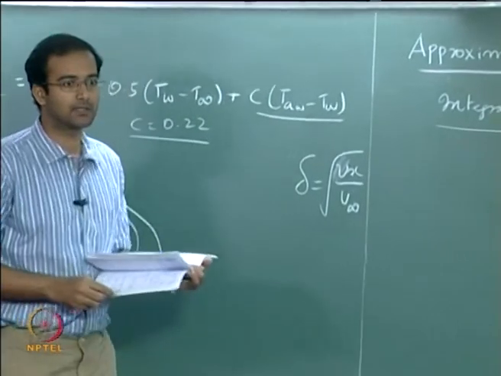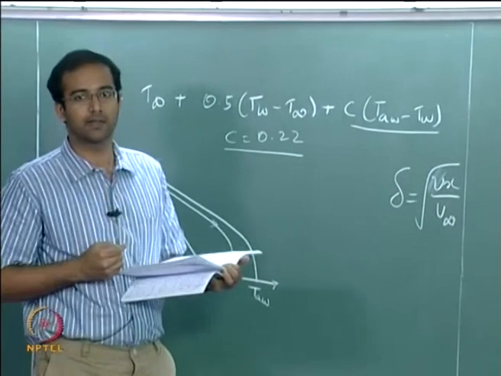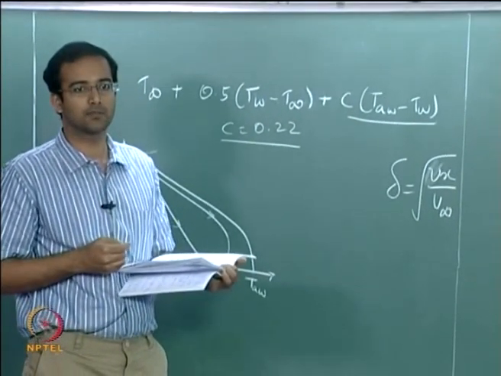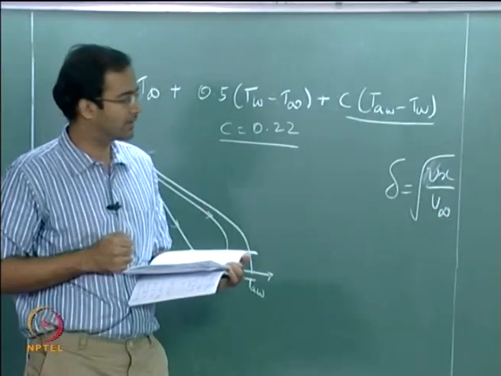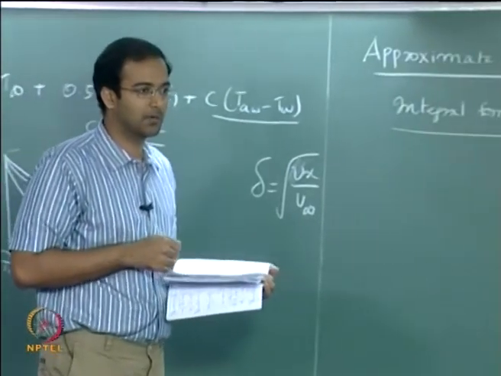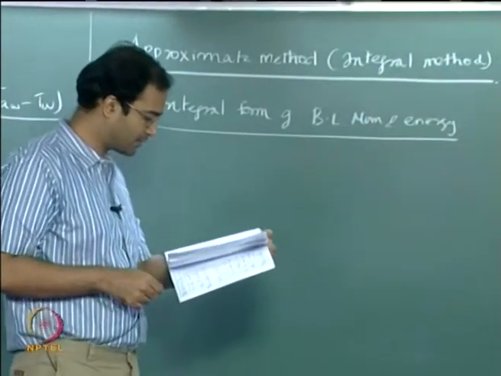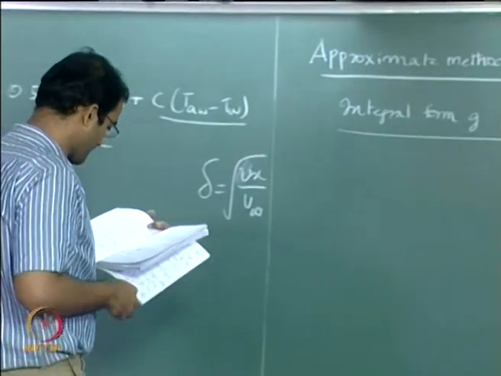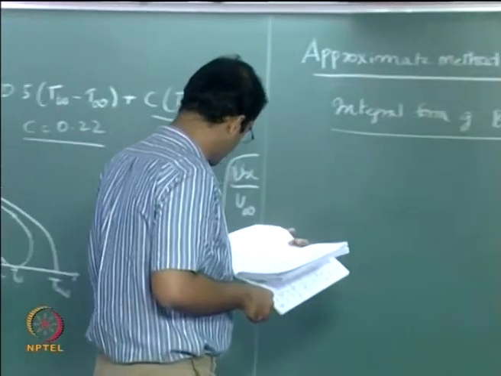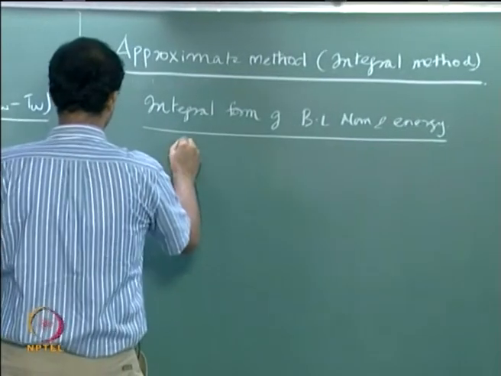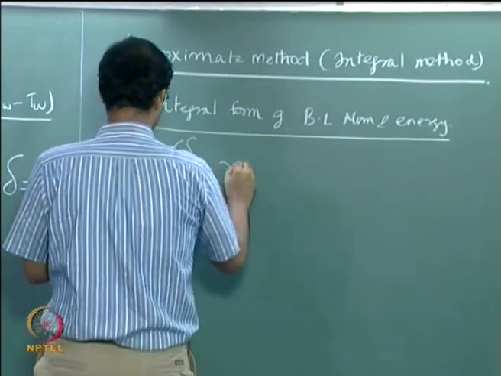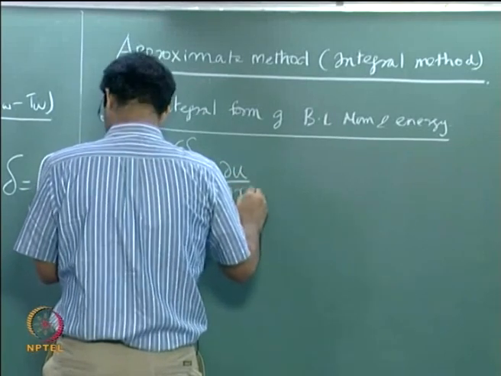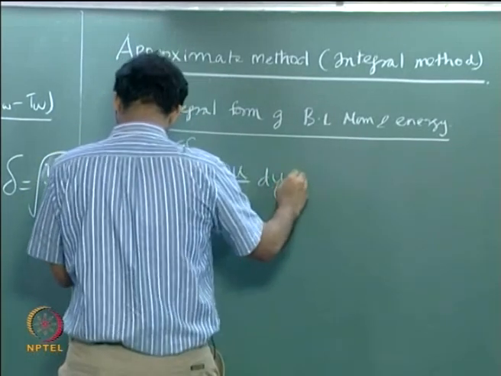This was derived by integrating the momentum equation from 0 to delta, and from there we solved an ODE to get the expression for delta. At that time I told you that I am not going to derive it again, because we will be using that as a starting point. The point where we left off, we integrated the x momentum equation. I am just going to write it to show you how it looked.